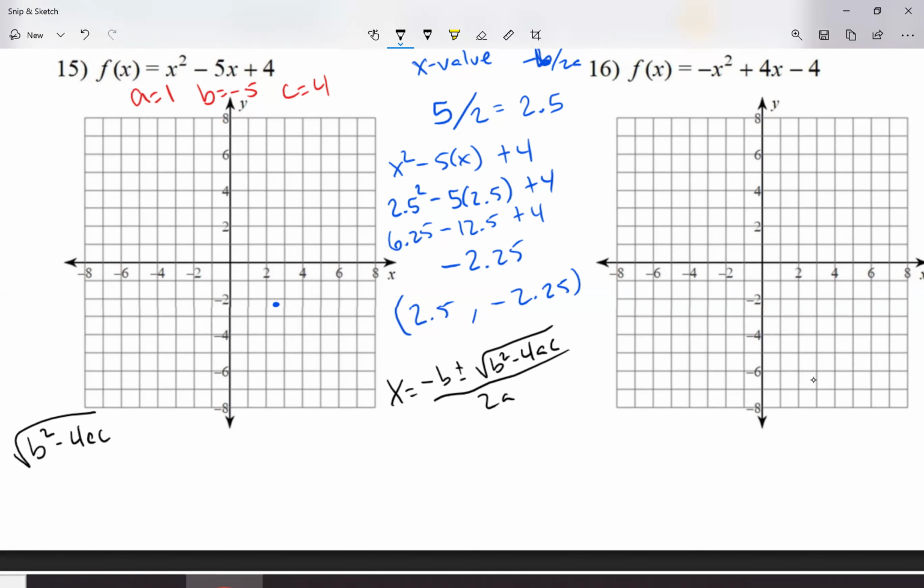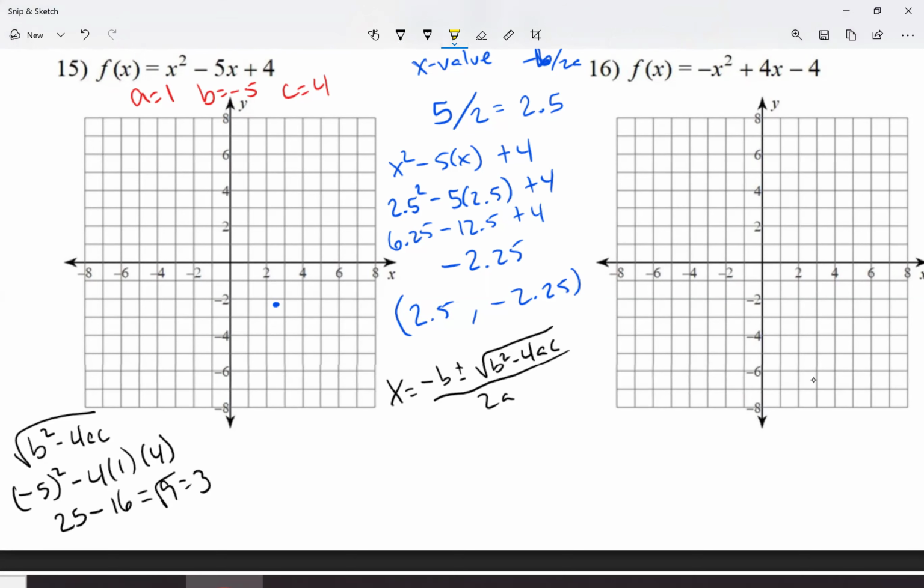So in my case, I'm looking at -5 all squared minus 4 times 1 times 4. And then whatever I get, I'll get the square root of that. I know -5 squared is +25. And then minus 4 times 1 times 4 is 16. 25 minus 16 is 9. And the square root of that is 3.